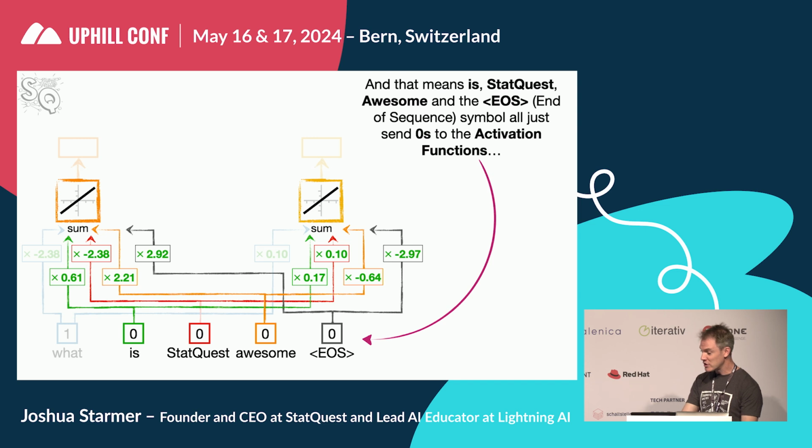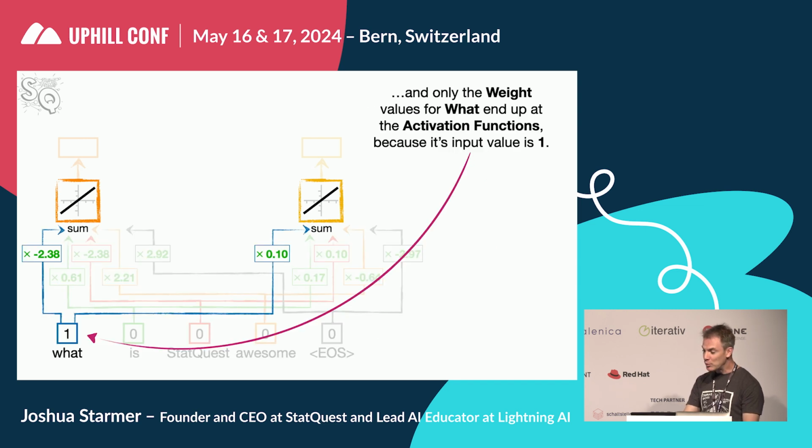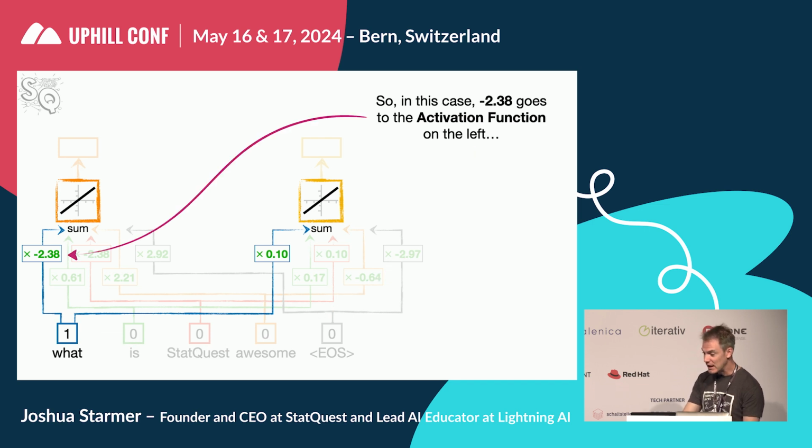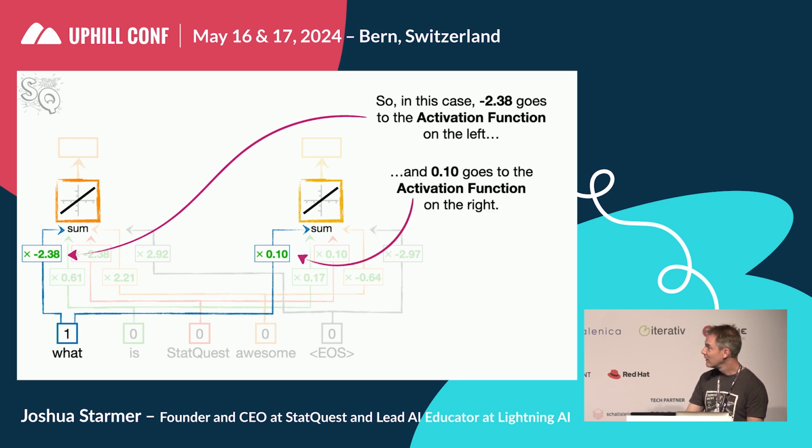And that means is, StatQuest, awesome, and the EOS symbol all just send zeros to the activation functions. And only the weight values for what end up at the activation function because its input value is 1. So in this case, negative 2.38 goes to the activation function on the left, and 0.10 goes to the activation function on the right.